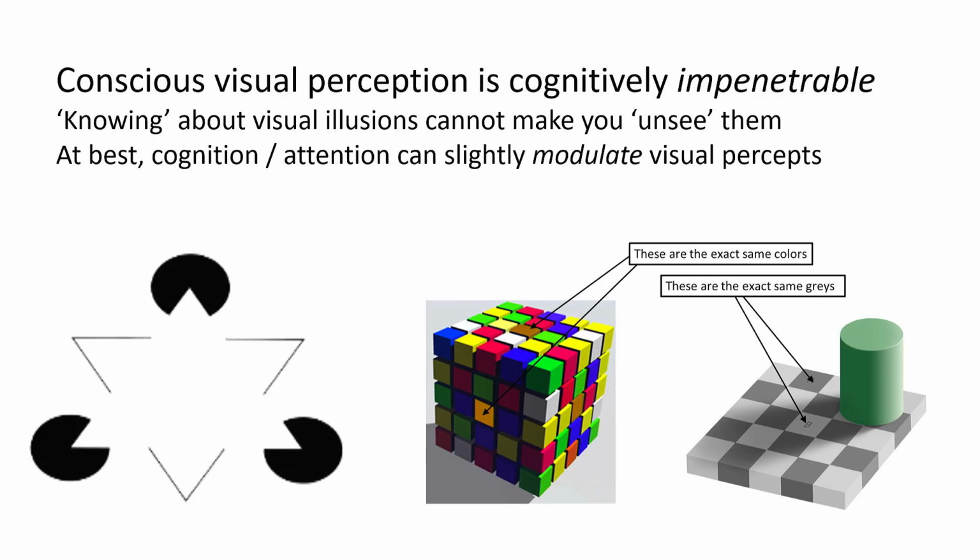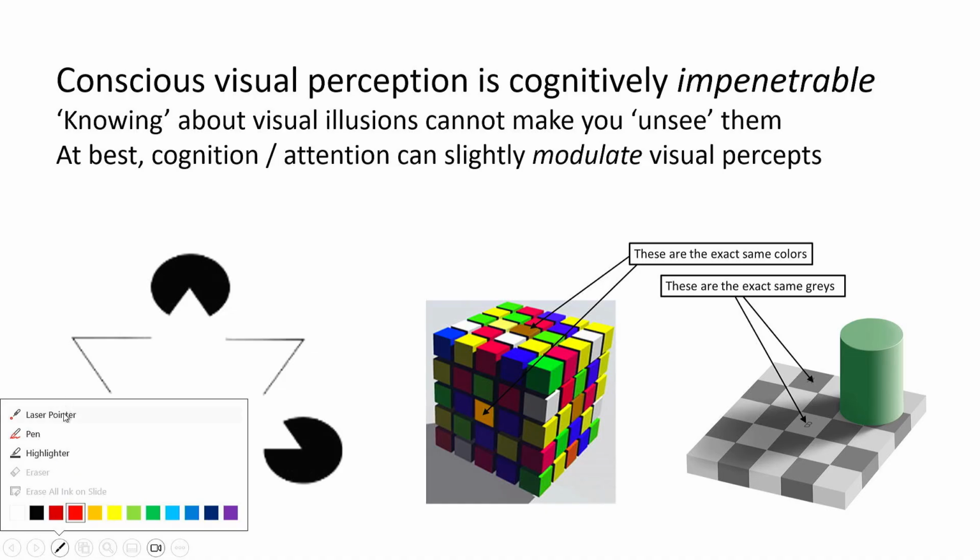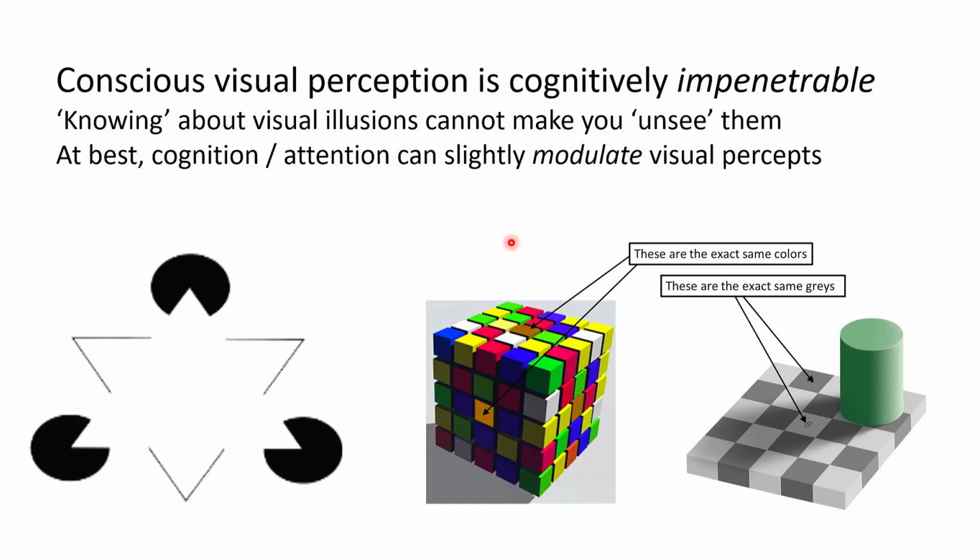of course also fits very nicely with the phenomenon that conscious visual perception is typically what's called cognitively impenetrable. Now what's that? For example, if I show you these visual illusions, this looking orange and this looking brown, or this triangle that is not really there, the Kanizsa illusion, or these two being the exact same grays. Me telling you that doesn't change one bit of what you perceive.